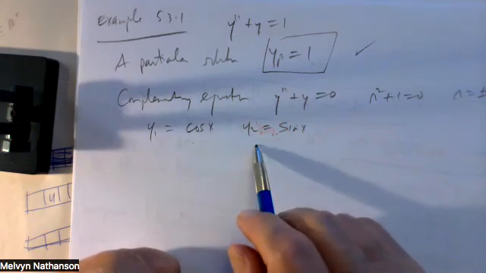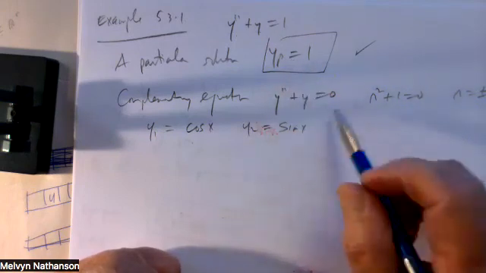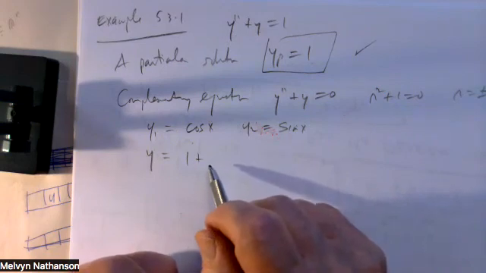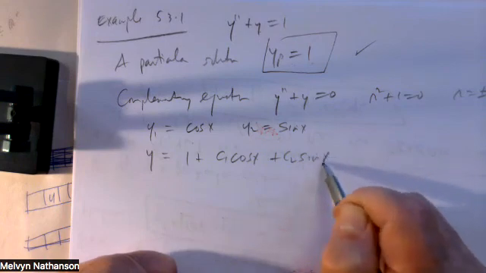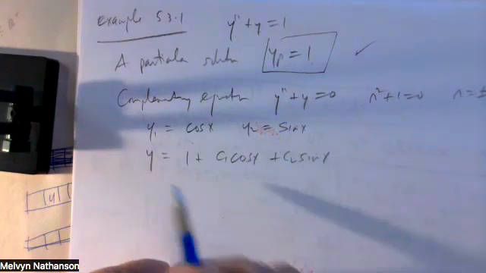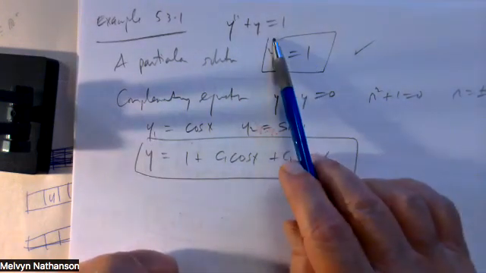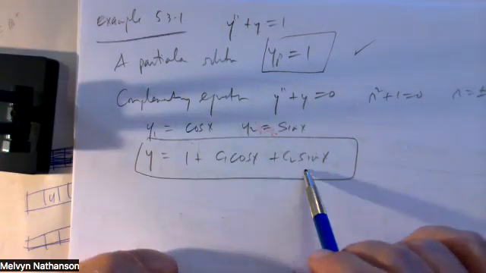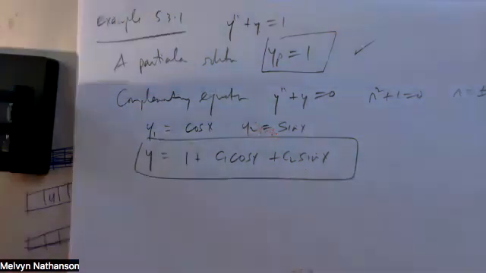So this is a pair of solutions to the complementary equation. So the general solution of this equation is y equals 1 plus c1 cosine x plus c2 sine x. So I found a particular solution to the non-homogeneous equation and a fundamental set of solutions to the complementary equation. Any questions about this?